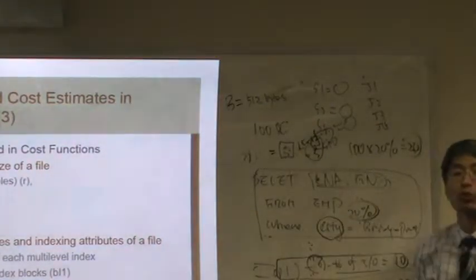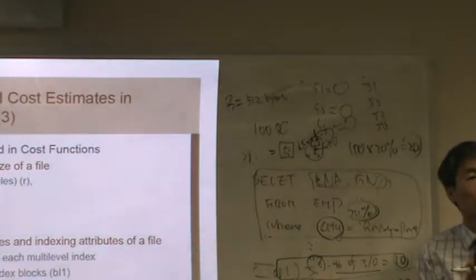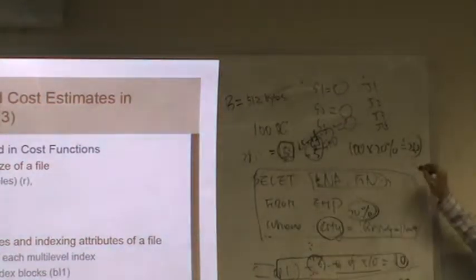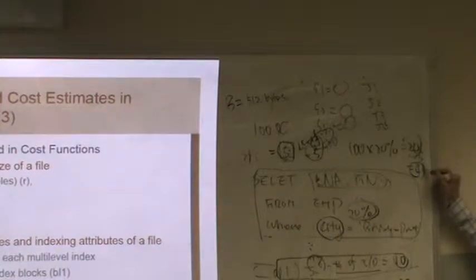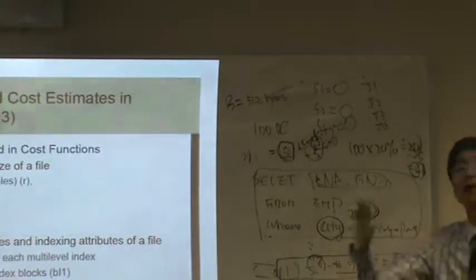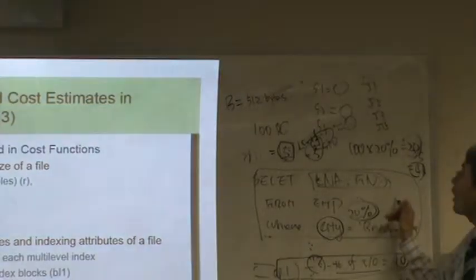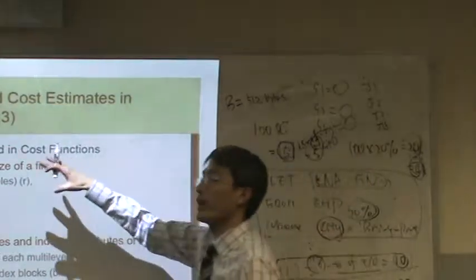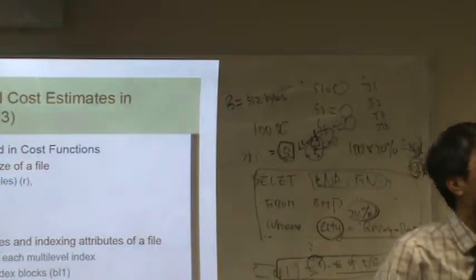How many blocks will be required to return such data? The blocking factor is 5, so divide by 5, which gives 4 blocks. So the estimated number of blocks to read the data is 4 blocks. This information is very importantly used in the cost function.